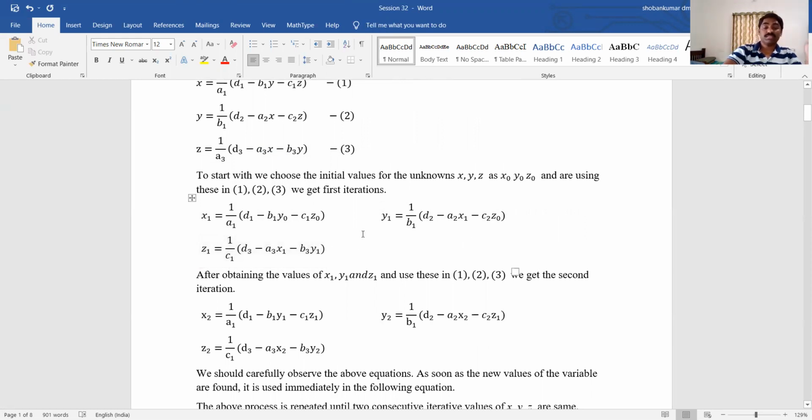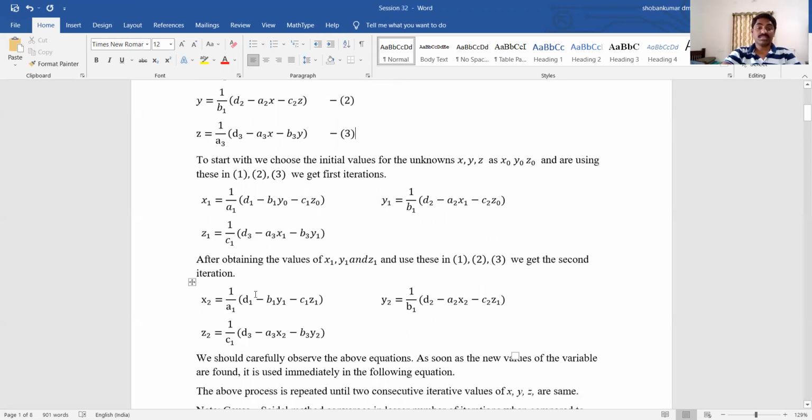This is the main difference between Gauss-Jacobi's and Gauss-Seidel. In Gauss-Jacobi's, we use only initial approximations. But in the Gauss-Seidel method, we know x1, so we use x1; and knowing x1 and y1, we use x1 and y1. After obtaining the values of x1, y1, z1, we use these in 1, 2, 3 to get the second approximation.